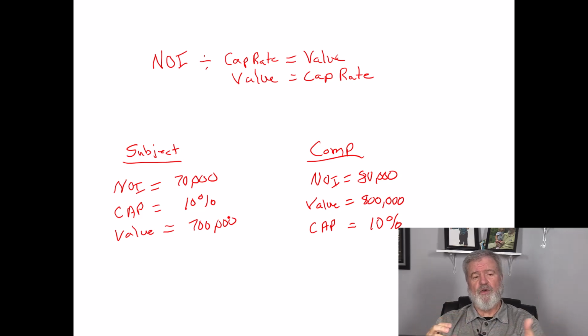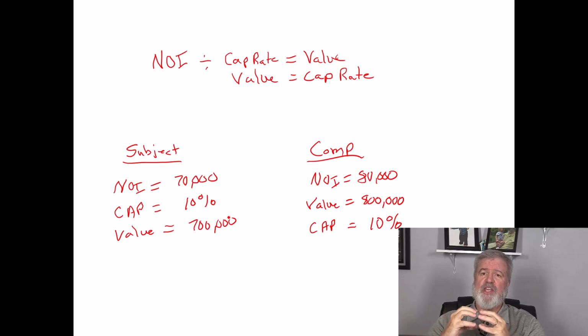So for example, in what we used here on the slides, the subject, the comparable property, the net income was $80,000. Well, obviously it was, but I'm changing gears a little bit just to make a point. Let's say that $80,000 was actually the gross potential income, the annual gross income.